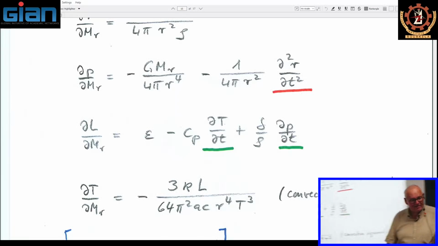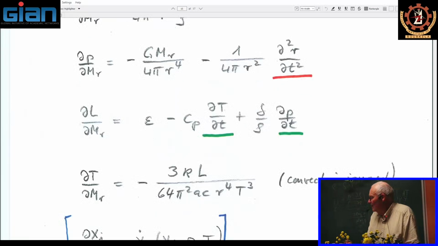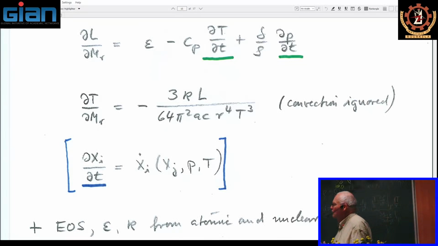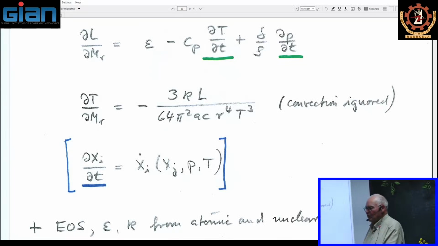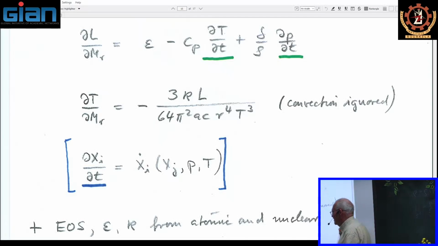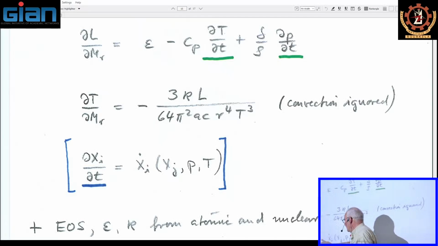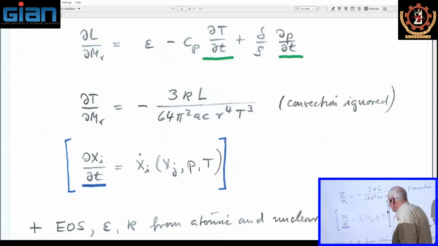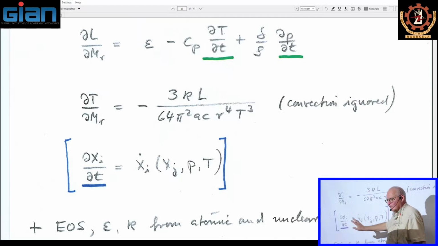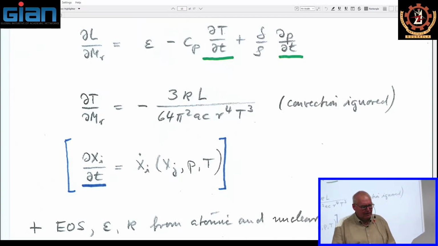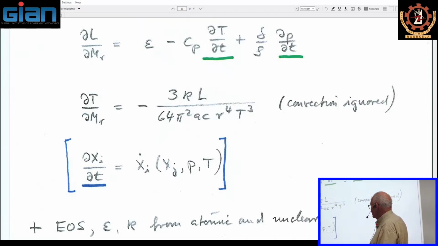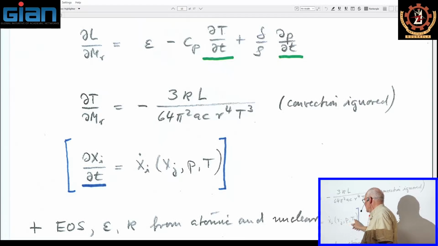To complete the system, if we include nuclear processes, then we have to take into account the change of mass fraction. Here, the time derivative is a Lagrangian one, which is a function of the mass fractions of all nuclear species which take part in the process, and the pressure and the temperature.